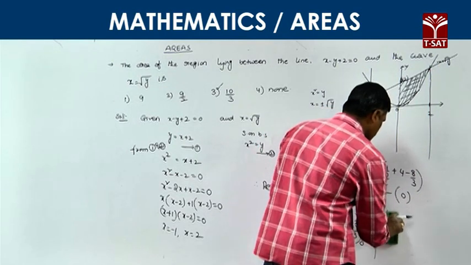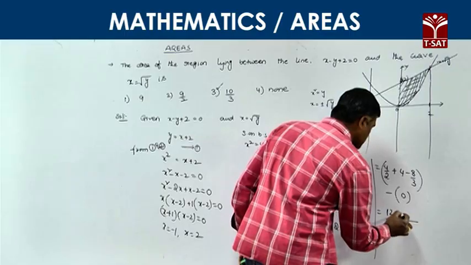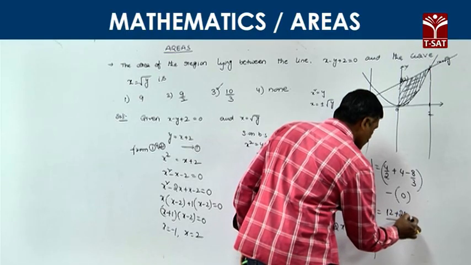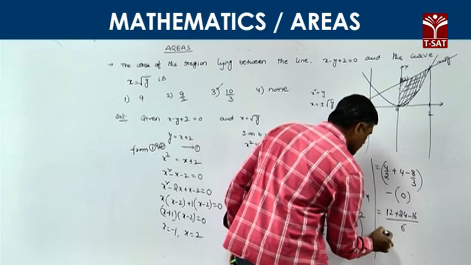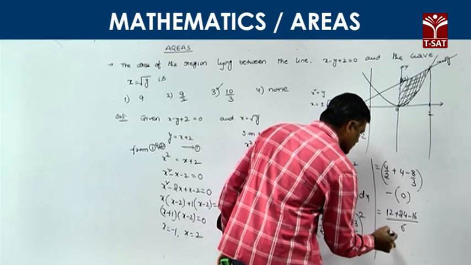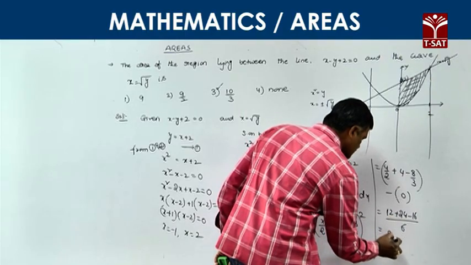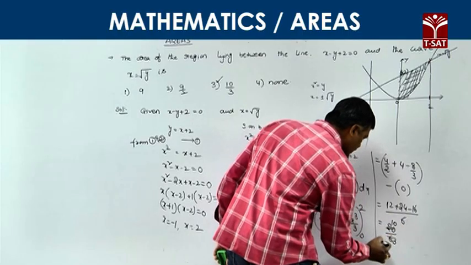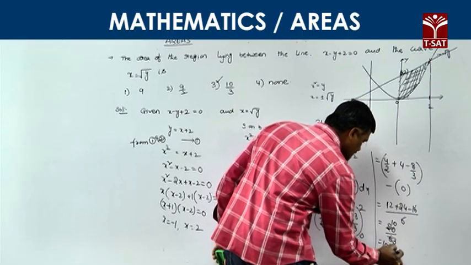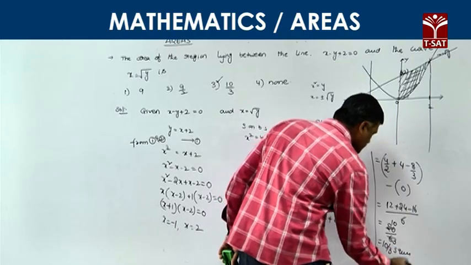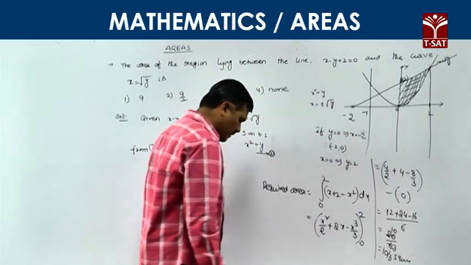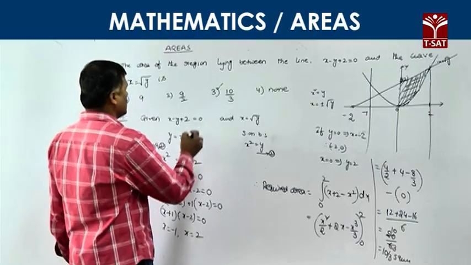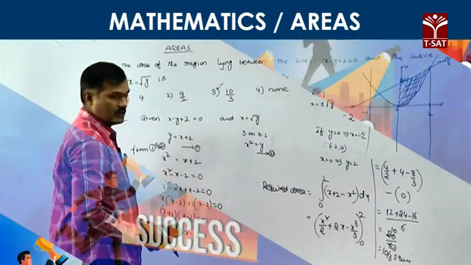LCM 6: 12 plus 24 minus 16, that is equal to 20 by 6, which is equal to 10 by 3 square units. Which is the solution of the given problem. 10 by 3, third option is the correct option.